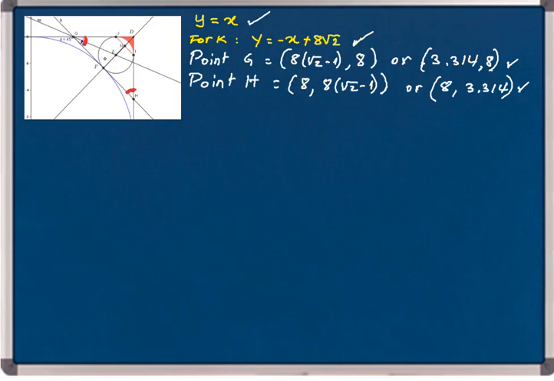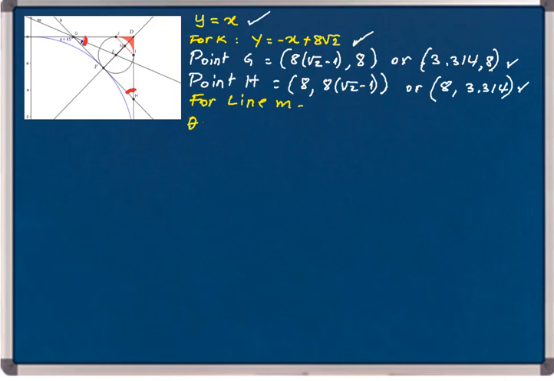Okay, but what we have here is that this line also bisects 45 degrees, so for line M we have the tangent. We can see this is pi over 8 here, the angle.